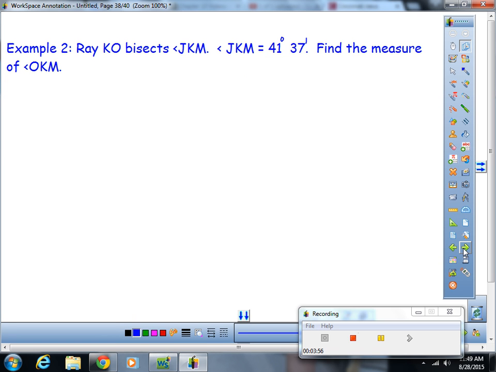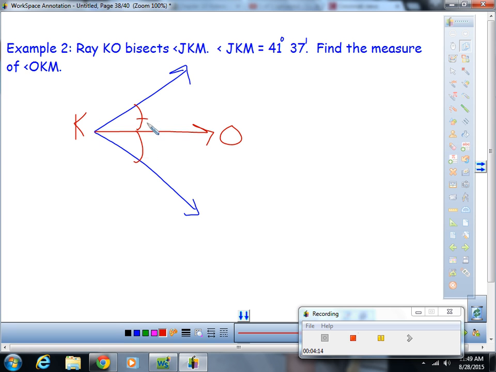Ray KO bisects angle JKM. So this is a word problem here. When in doubt, make a picture of it. So ray KO bisects JKM. All right, good. I got my picture drawn. JKM is 41 degrees and 37 minutes.